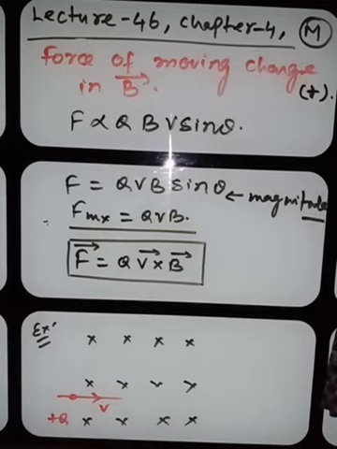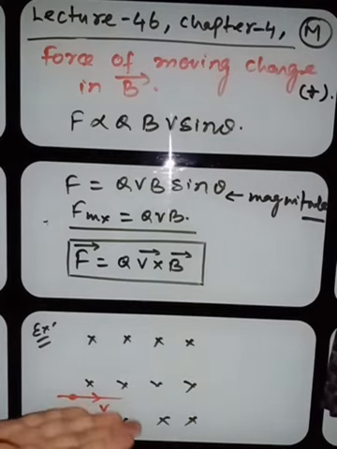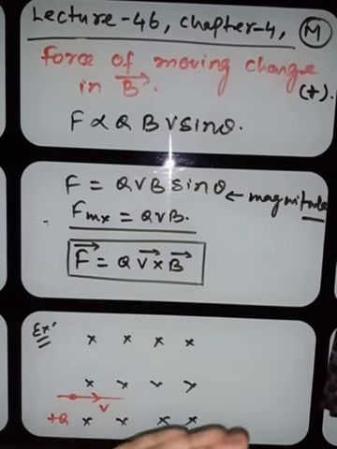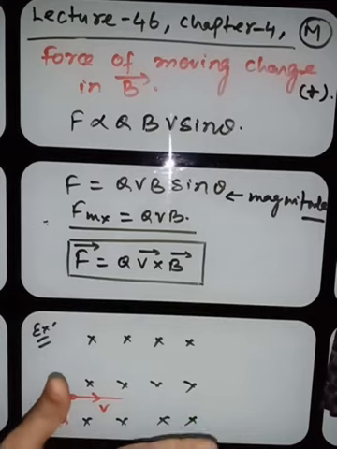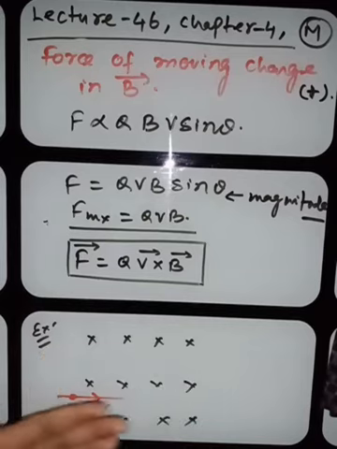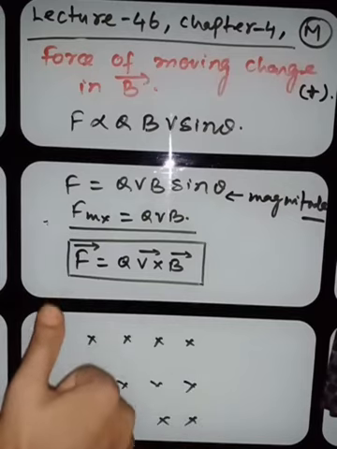So put your forefinger towards the velocity, and the magnetic field is downward. You can put your forefinger in this way also, but you have to fold this forefinger so that it goes towards the magnetic field. As you fold your forefinger, you will move downward towards the magnetic field. From velocity it is moving down, towards the magnetic field, and then this is the direction of force.